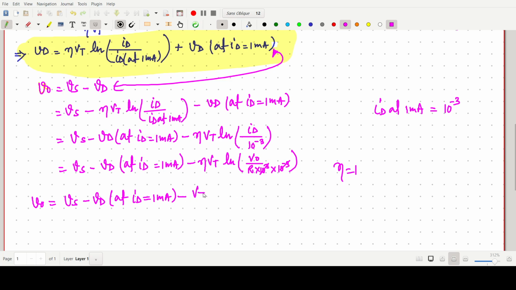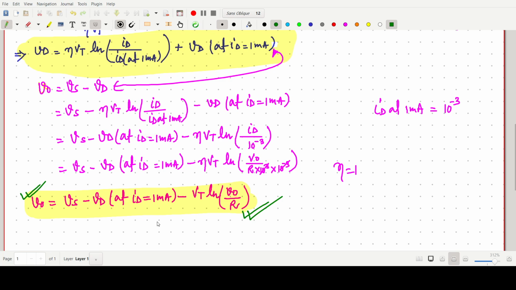So simply we can write Vt ln V naught by R. So basically this one is the final result.